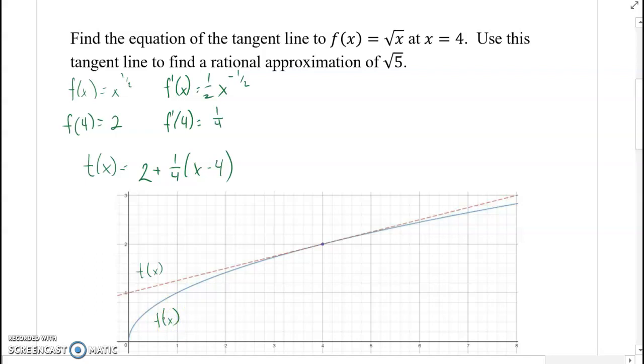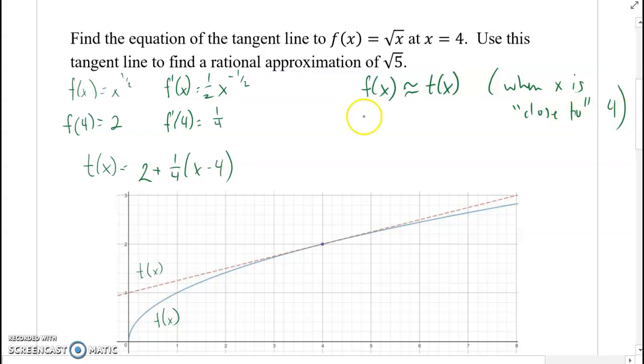Then we want to say, well, we know that t of x is approximately the same thing as f of x. It is a local linear approximation after all. So we know that f of x is approximately equal to t of x, at least when x is close to 4, the point of tangency.